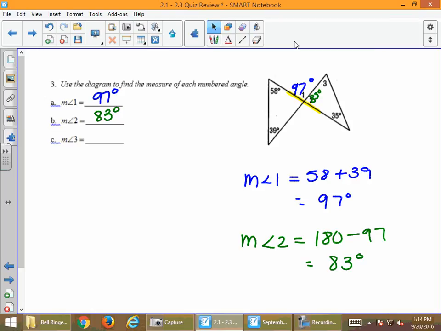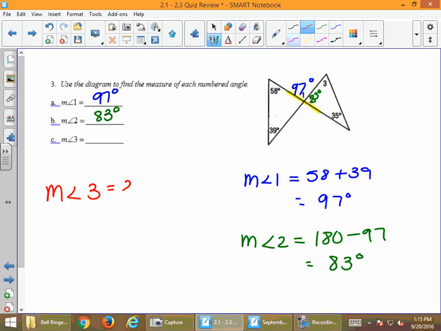Okay. How are we going to find the measure of angle 3? There's multiple ways. So we're not wrong. More than one way. A lot of these problems, there's more than one way. Nigel, how are we going to find the measure of angle 3? You add 83 and 35 together. Yep. And then what are we going to do with those?